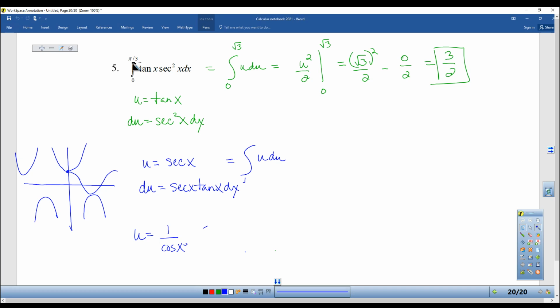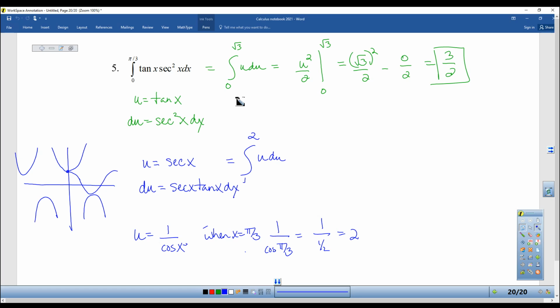But then the other one is a little bit harder. So when x is equal to pi thirds, we would have 1 over cosine of pi thirds, which is 1 over 1/2, which is 2. And you might be thinking, that is not going to come out the same.